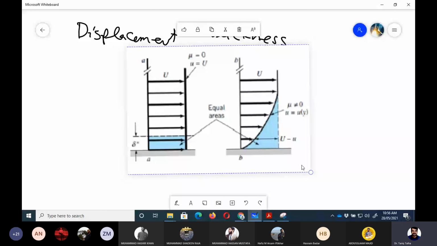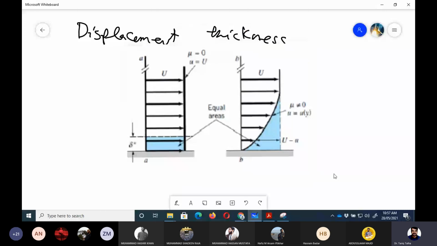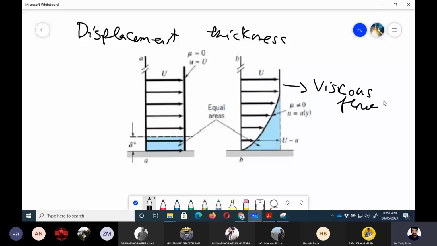Consider we have a viscous flow, which is the figure on the right hand side. This is the viscous flow where the viscosity is quite comparable with the inertial flow. If we see the velocity profile, we can see that the value is low near the surface, and then it increases to the free stream value at the boundary layer thickness, which is 99%.